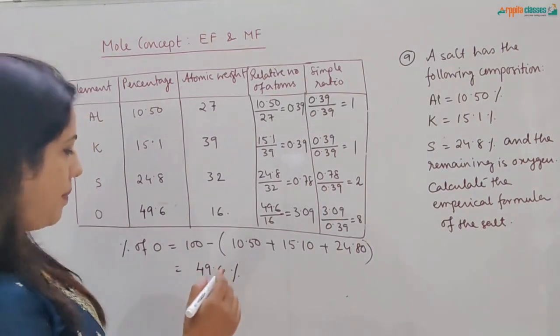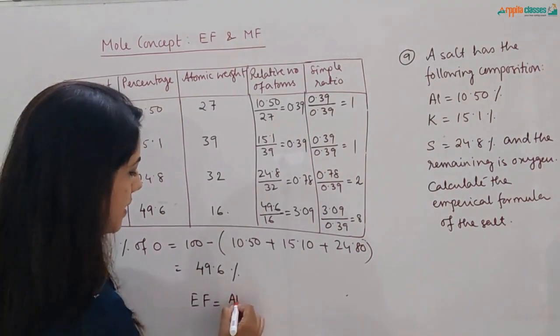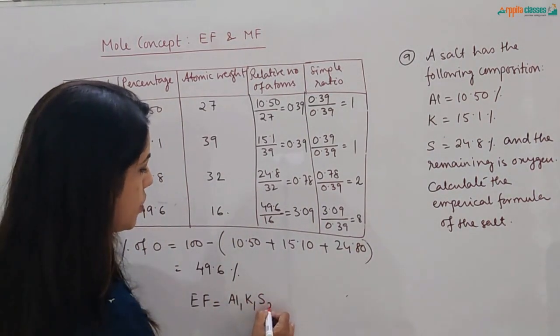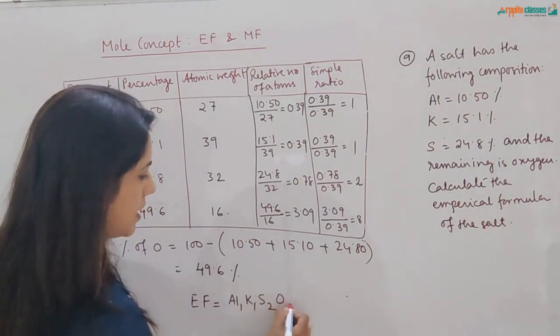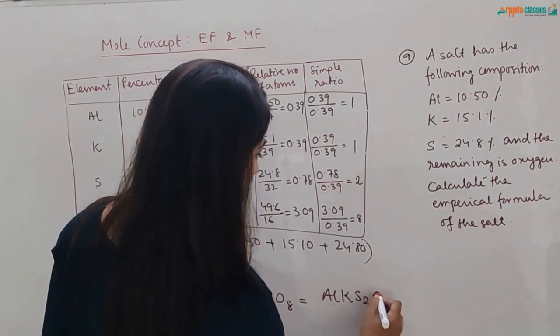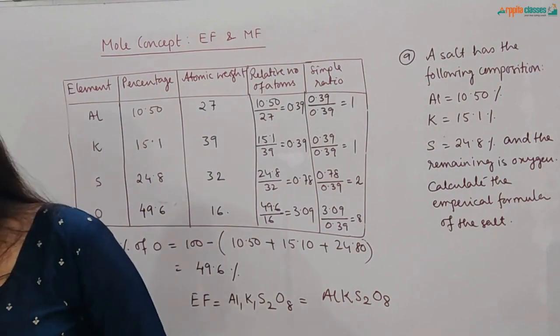Therefore, the empirical formula of the salt will be aluminium 1, K is 1, sulfur is 2, and oxygen is 8. So it is AlKS2O8. This is the empirical formula for this sum.